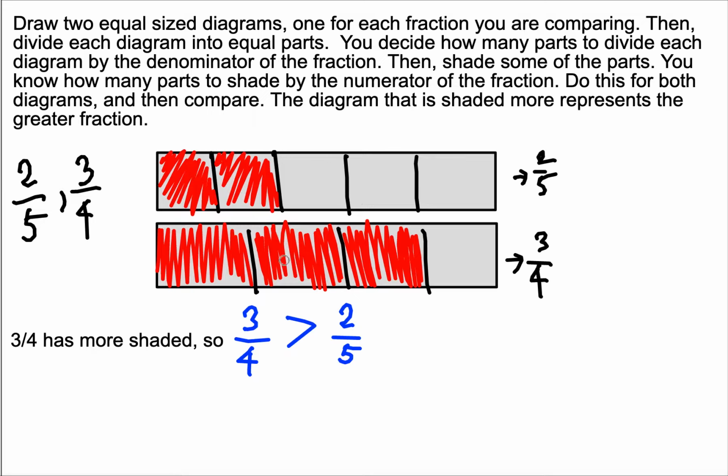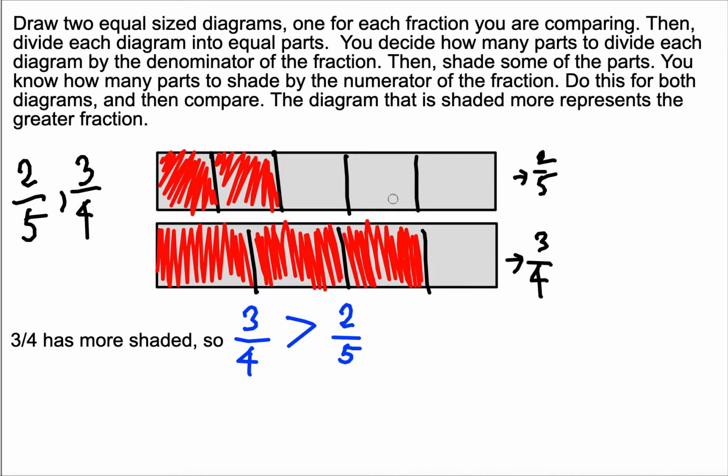We do that for both diagrams, and then we compare. The diagram that is shaded more represents the greater fraction. So, if we look at these diagrams, we can see that 3/4 has more shaded than 2/5.